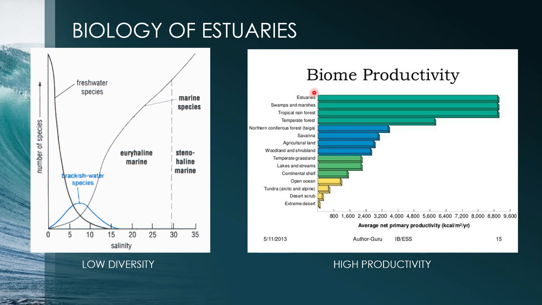Compare this to all of these other ecosystems that have lower productivity. This is the average net primary productivity, so you can see that estuaries are way up here in terms of kilocalories fixed per meter squared per year. They're way, way up there compared to all of these other ones. So two key concepts: low diversity, but the species that do live there have very, very high productivity.